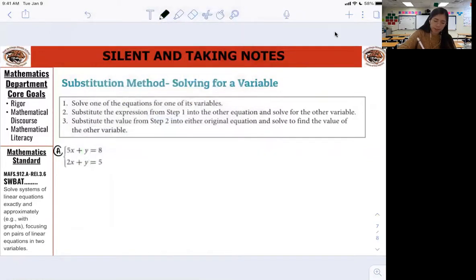And I think I'm going to go with equation B just because we usually don't do equation B, so it's good to do an example where we start with equation B. All right, trying to get y by itself, all I got to do is subtract 2x from both sides. Get him to the other side, make him go away. And this leaves me with y equals 5 minus 2x.